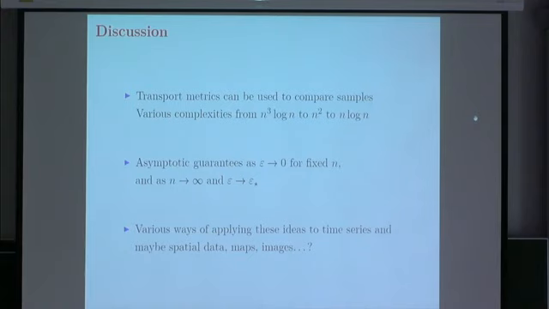We do have, using essentially the same tools as with summaries, guarantees of convergence of the method, at least as the sample size grows to infinity and epsilon decreases at the right rate.